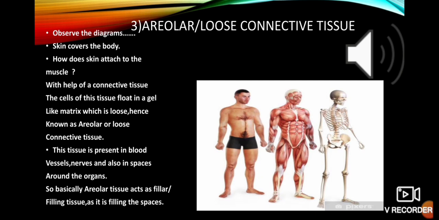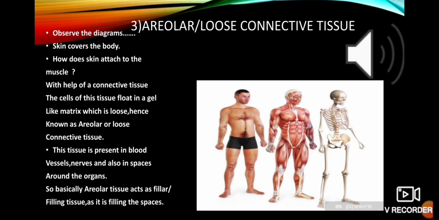Why do we call it loose connective tissue? It is known as loose connective tissue because here the cells are lying in a gel matrix, and the gel matrix is very loose. In the previous dense connective tissue, we saw that the cells were very closely packed to each other, so we compared that structure with the solid state of matter.